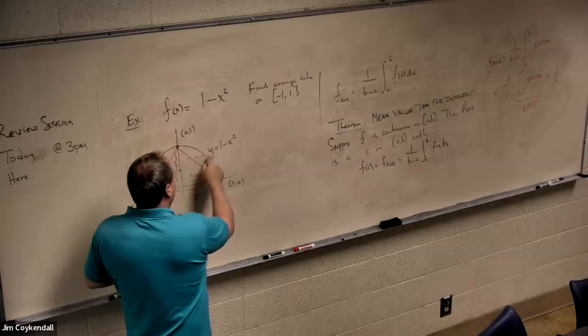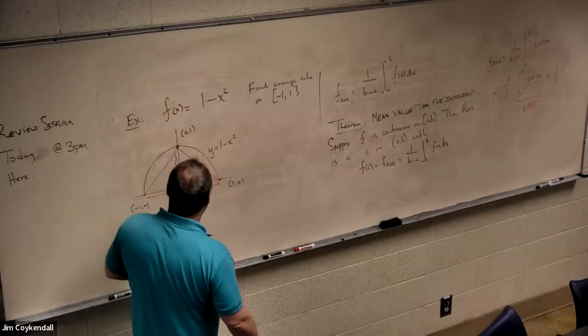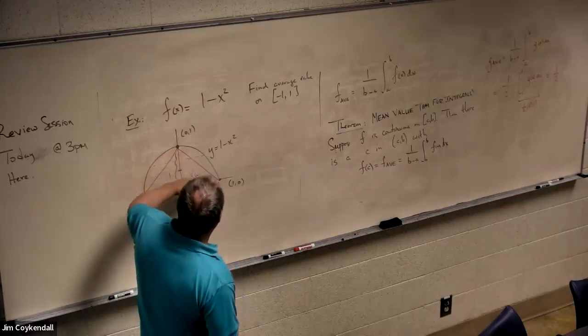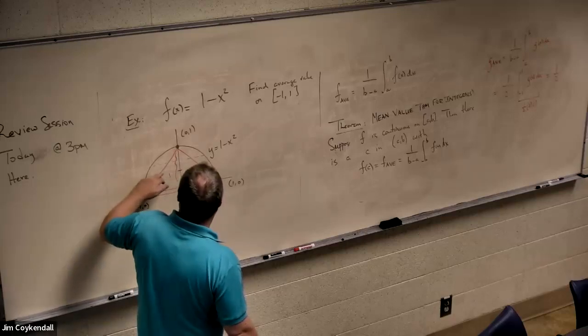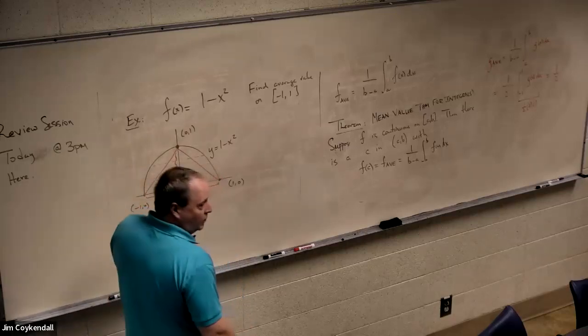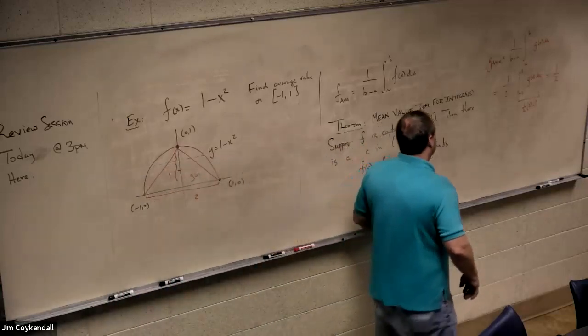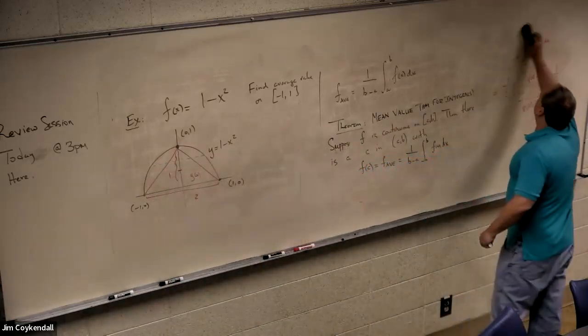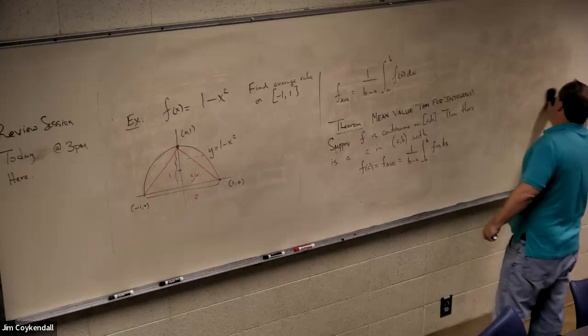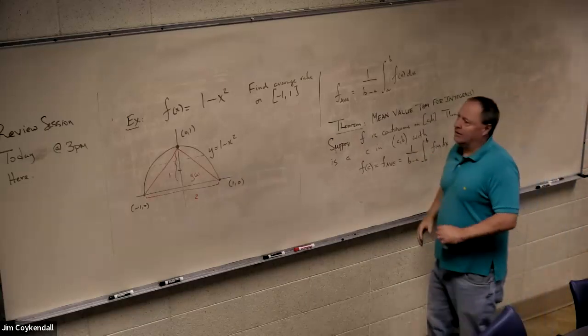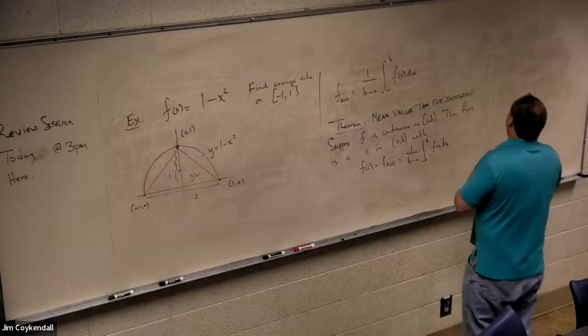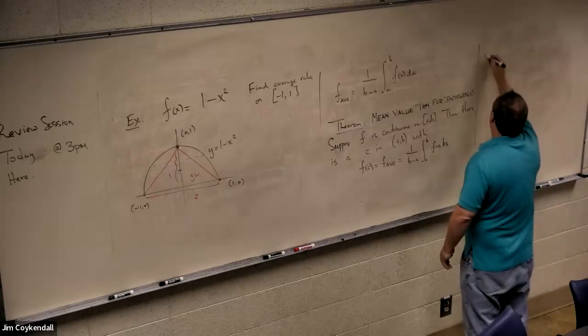In fact, I see 2 places where the value of the function is equal to the average value. For the red function, the average value was 1/2. There are 2 places, here and here, but there has to be at least one. And this is a good review of the ordinary mean value theorem and also the notion of the average value of a function.